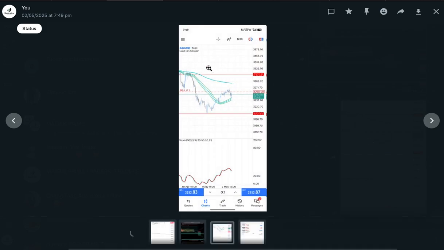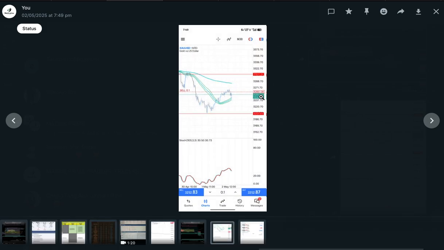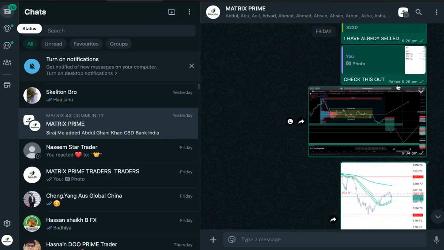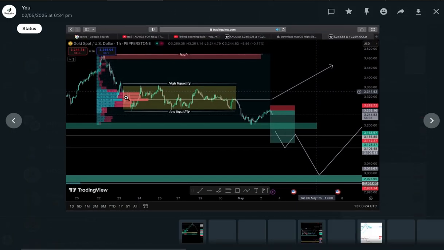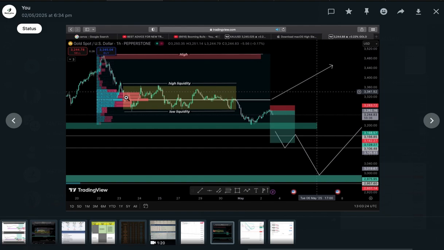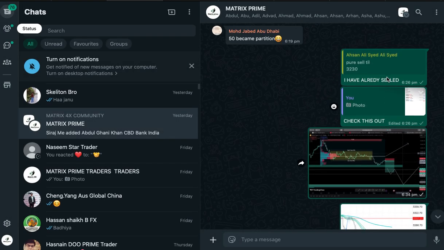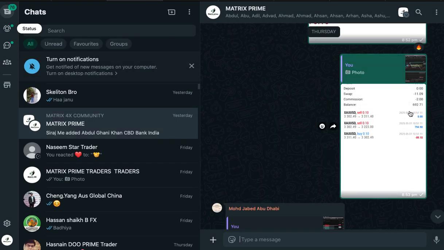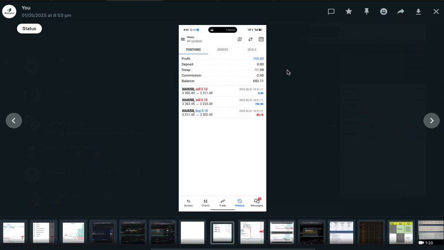As you can check here, in gold I have sold at 3,268. And I'm continuously updating each and every chart in my group, so you can check here. When I am going to take a trade, I upload my analysis also. This one, on Monday or Tuesday, I booked the $700 profit.